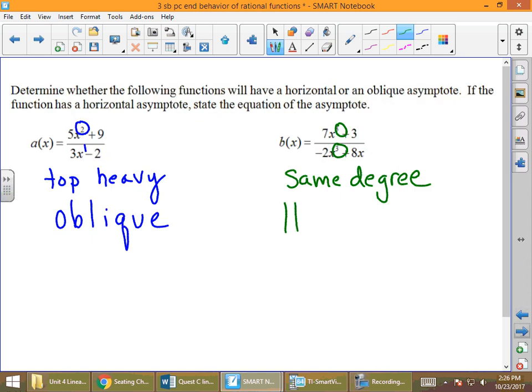So HA, abbreviation for horizontal asymptote, and it's going to be at y equals, the number in front of this x cubed is 7 from the top, the number in front of the x cubed on the bottom is -2. Y equals -7/2 is a horizontal asymptote.